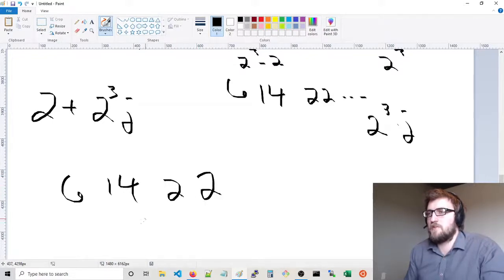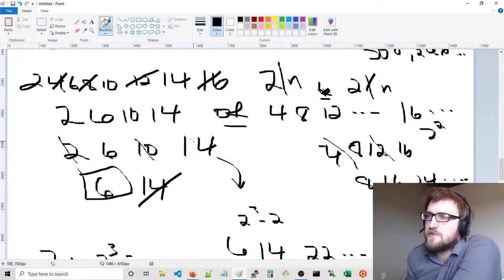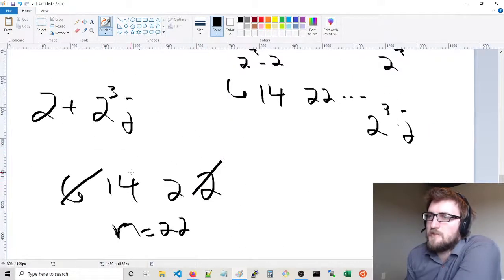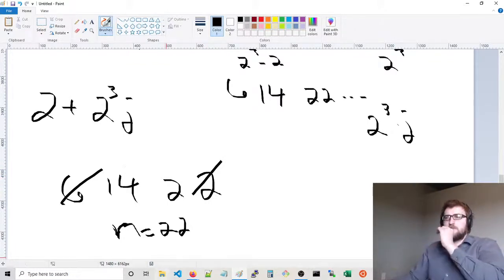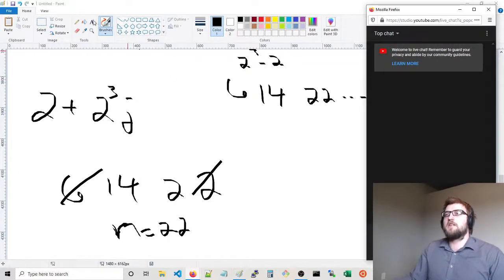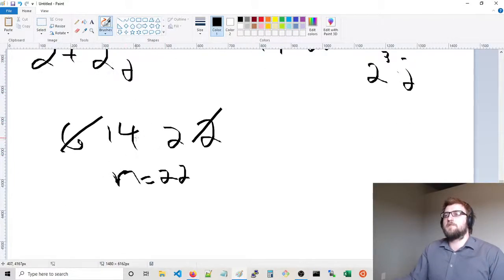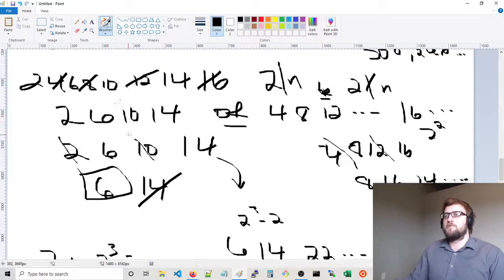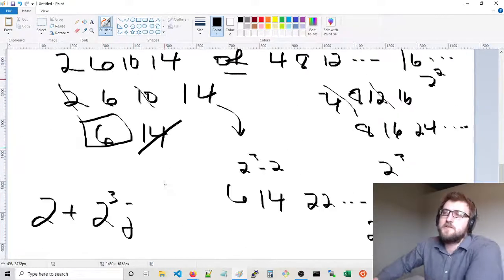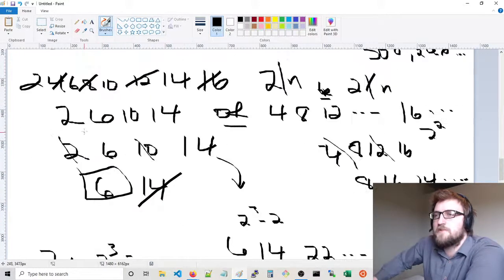That would be like n equals 22. Then you might actually lose 6, end up with 14. And what would this sequence look like? This would be 2 plus 2 to the 4th j. I think so. This sequence is not 2 plus 2.